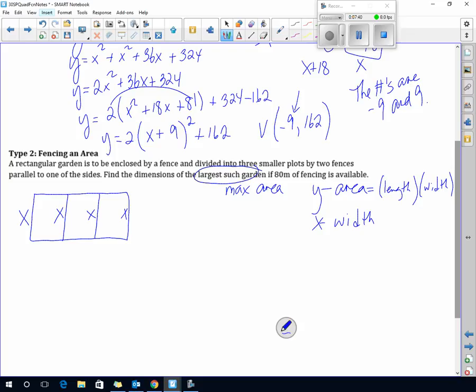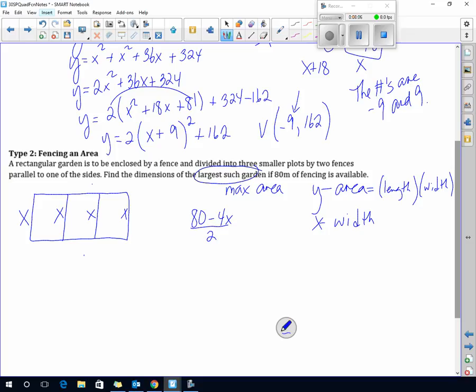I started with 80. I've used up 4 of the x's. I got to place it in 2 lengths here. So what do I have to do to find the length? Divide by 2. So what is 80 minus 4x divided by 2? 40 minus 2x.